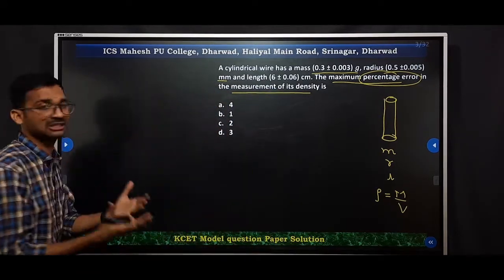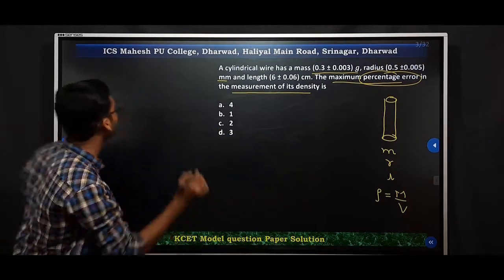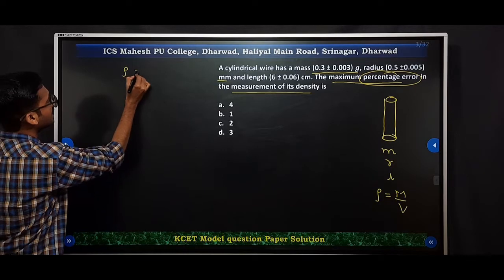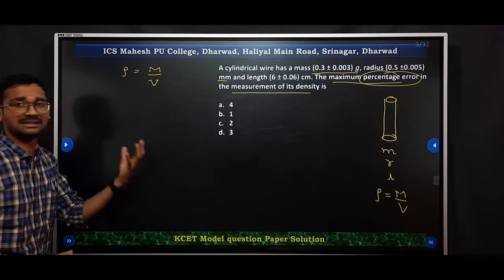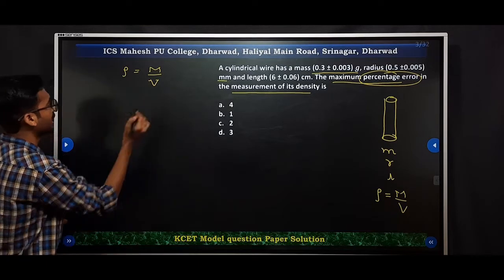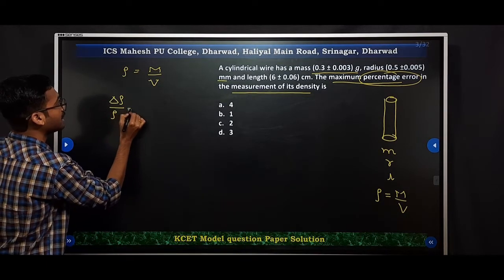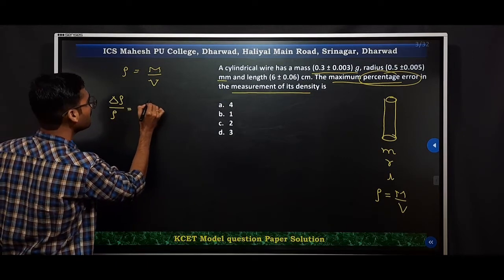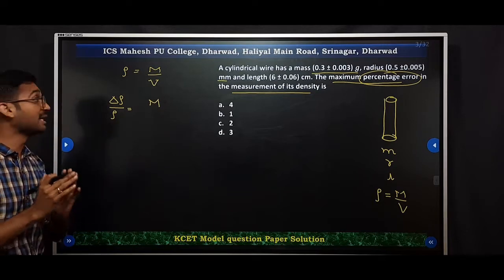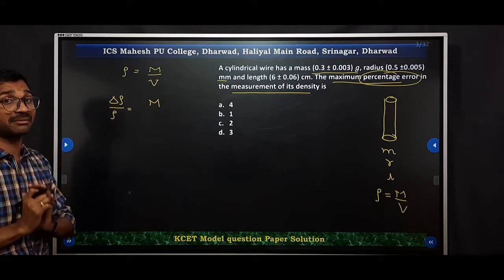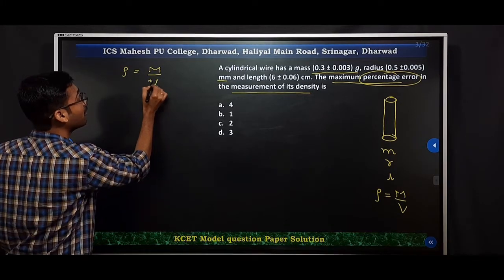Therefore, let us solve it step by step now. I'll go with this equation, that is density rho is equal to mass divided by volume. Therefore, delta rho divided by rho is equal to mass, that can be written here, but keep one point in your mind: here we are having a volume of what?